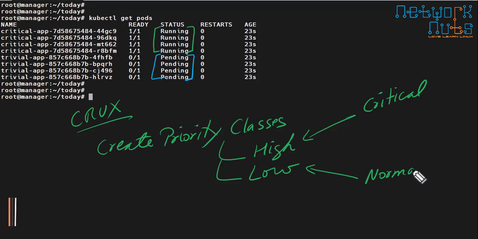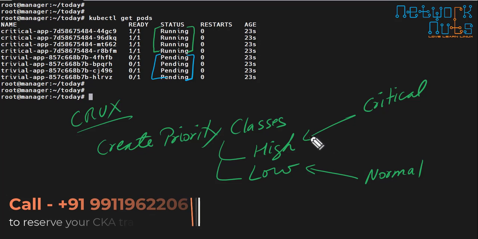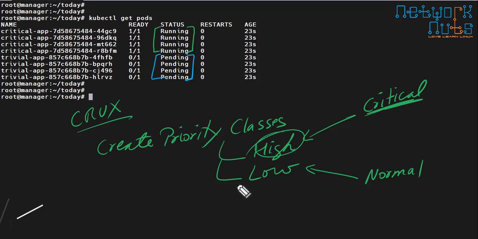So in case there is a resource crunch, the priority will be given to the critical applications running in high priority class. I hope you have understood the concept.